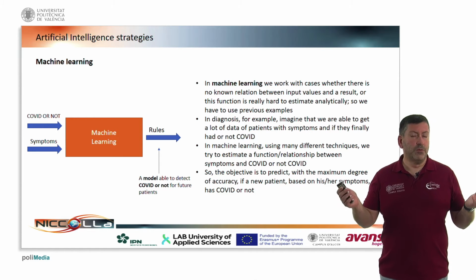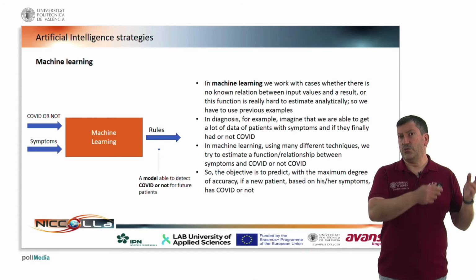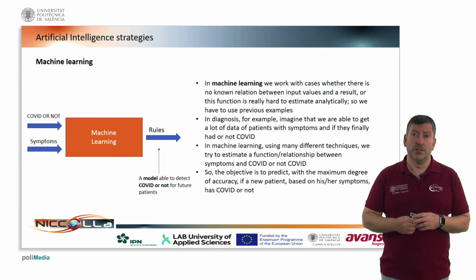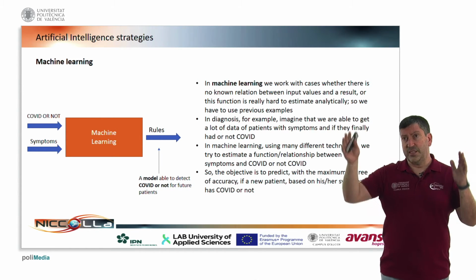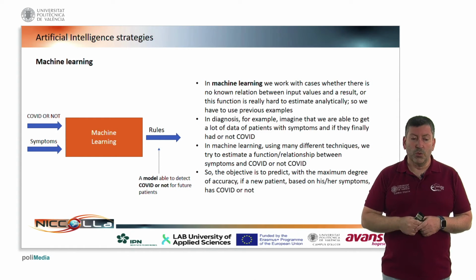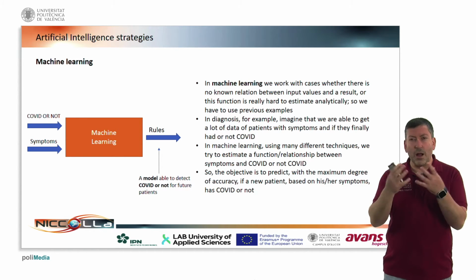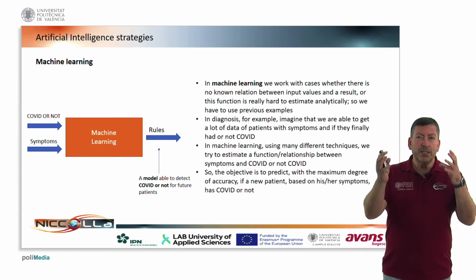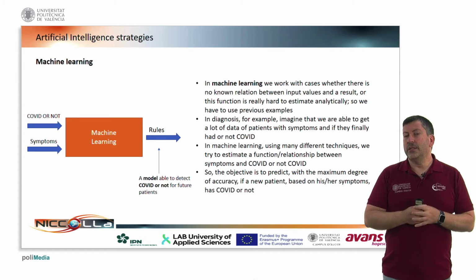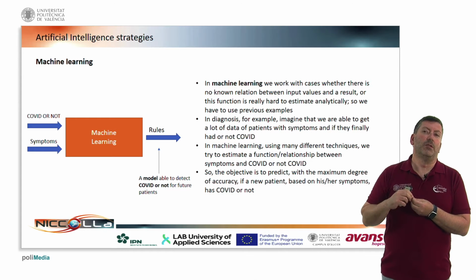So the only thing we have to do here is basically to have a large collection of information of previous cases, in this case patients with their symptoms, okay? And we know if they have COVID or not. So the machine learning technique is going to try to see how these features, these symptoms, okay, are related to the fact that we have COVID or not, okay?